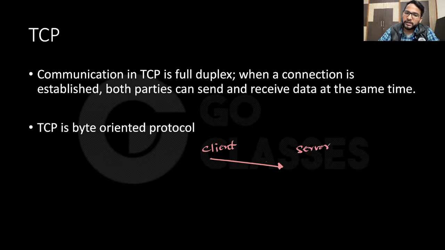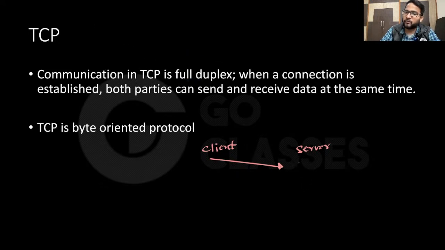Then whatever you are sending, it does not mean that only you can send. So basically client and server both are enabled to send, even though let's suppose there is some application where you do not want the server to send something, or you do not want the client to send something, right? Then in that case it doesn't mean that you can just open a one-way connection. You have to do a full duplex. There is no choice.